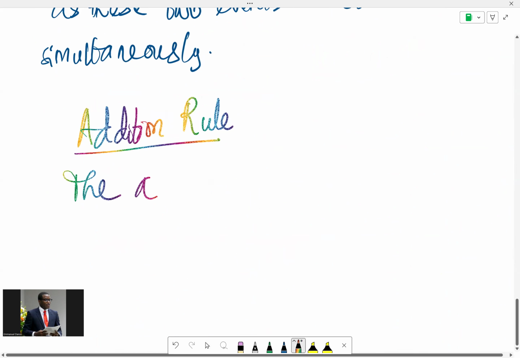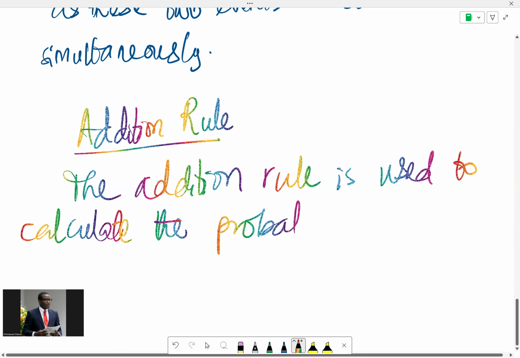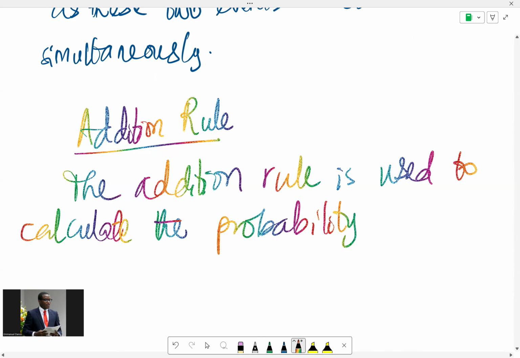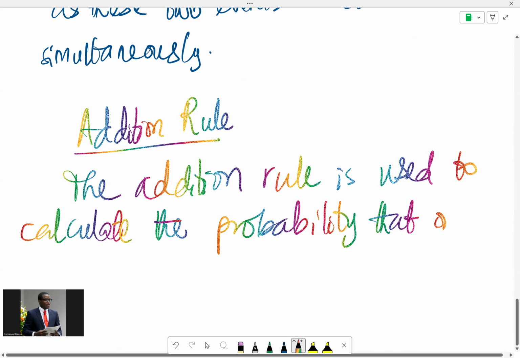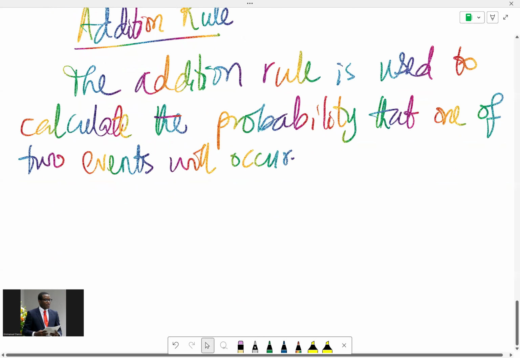The addition rule is used to calculate the probability that one of two events will occur. So that is the idea of or.